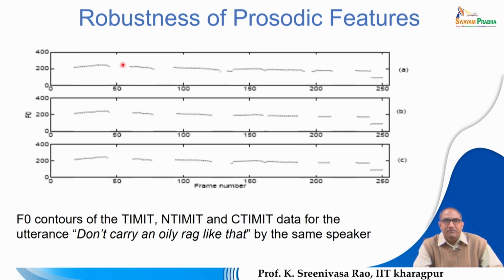And one more thing here is that the prosodic features are very robust. For demonstrating that, there are three plots here. The utterance was "Don't carry an oily rag like that."